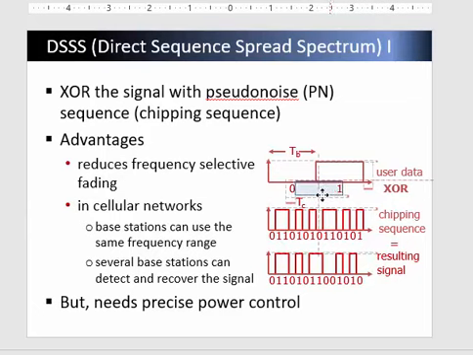These bits will be transferred over this chipping sequence. Then how can we make it? For that, we use the exclusive OR operator.